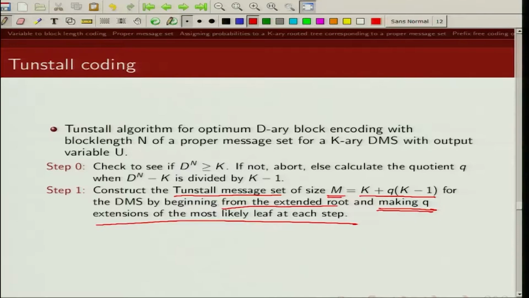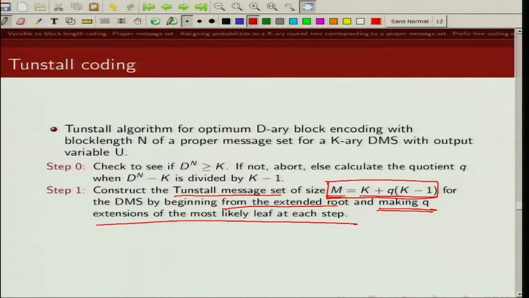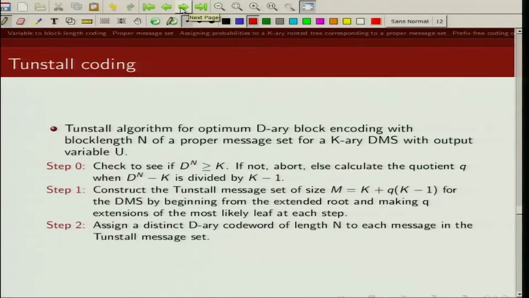Please recall, in case of a Tunstall message set, we extend the most likely leaf, and to get a Tunstall message set of size M, we need to do q extensions of the extended root. So each time we are going to extend the most likely leaf, and once we have formed these messages, then we are going to assign a distinct code word to each of these messages.